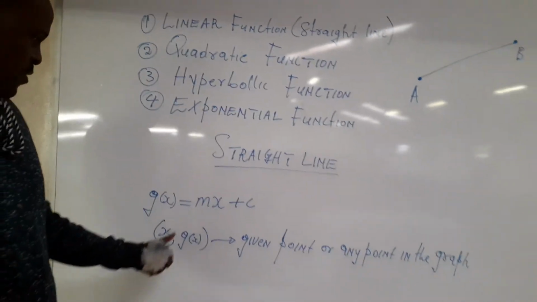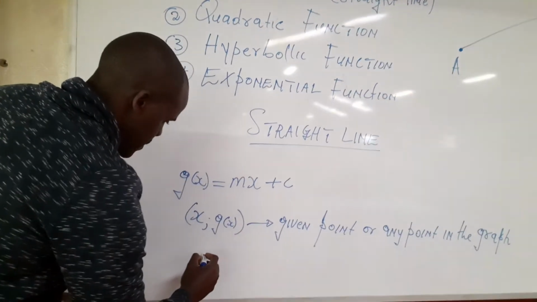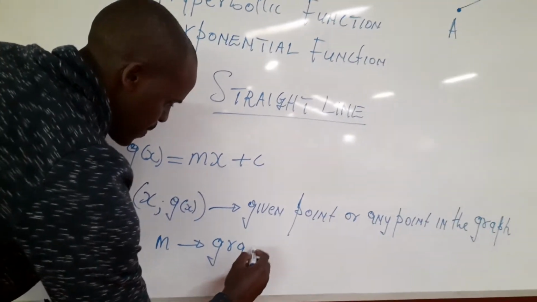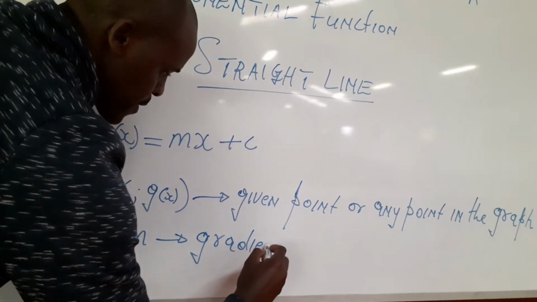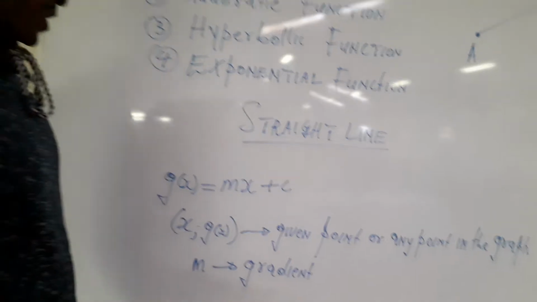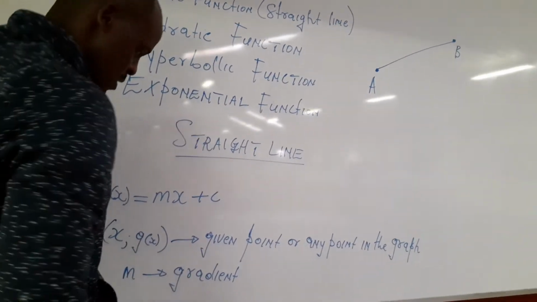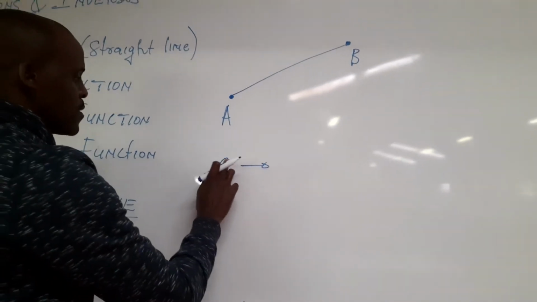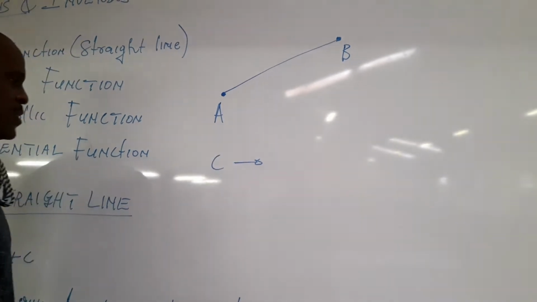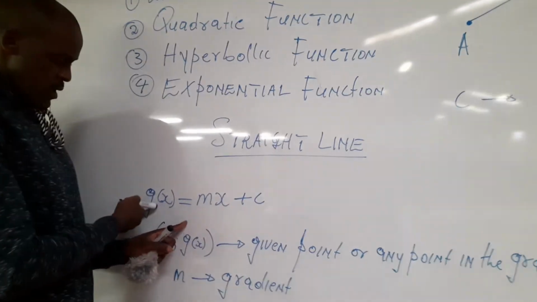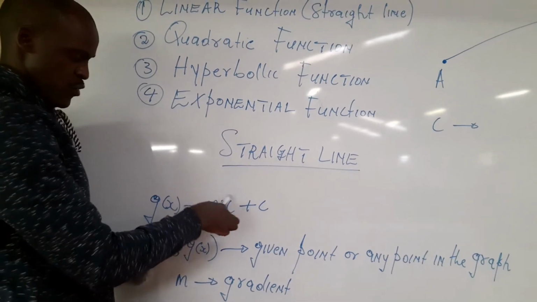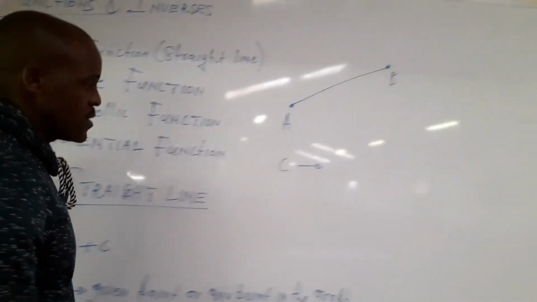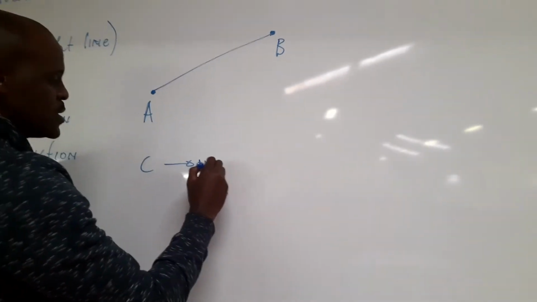And then we've got m. m represents the gradient, the slope of the graph. And then we've also got c. If you let x be 0 here, you'll be left with c, which means c is the y-intercept.